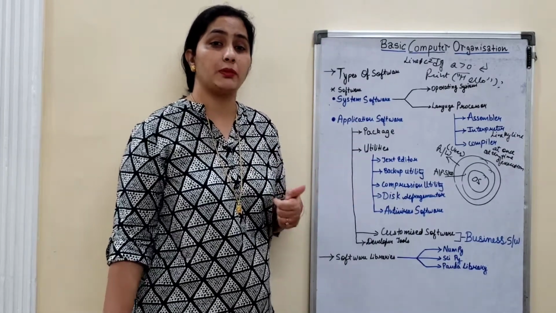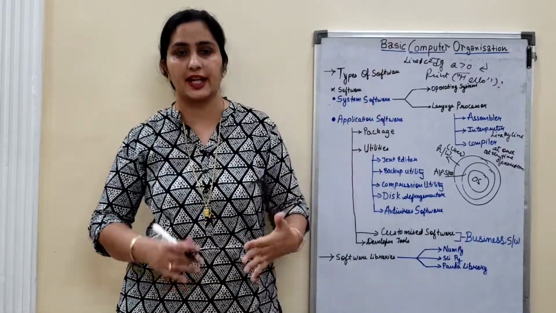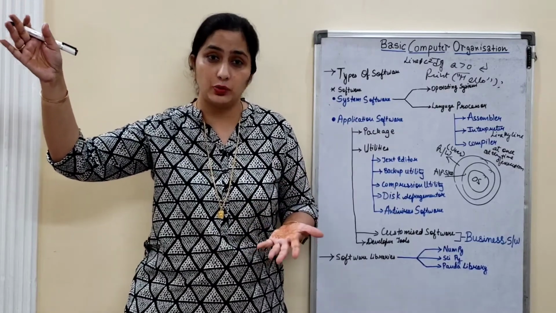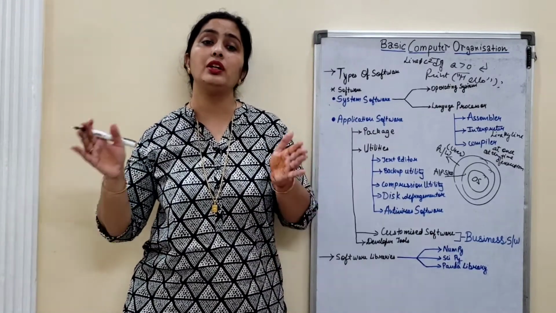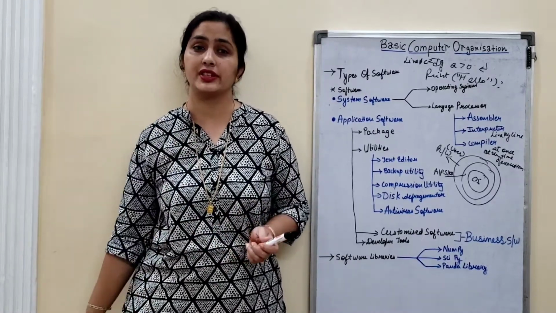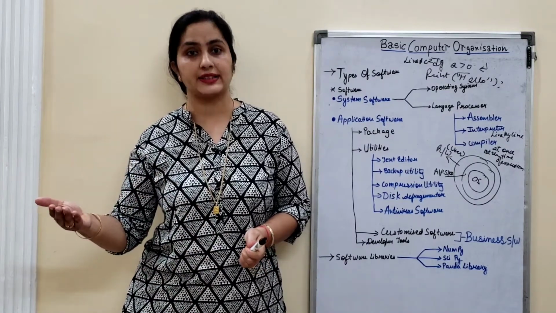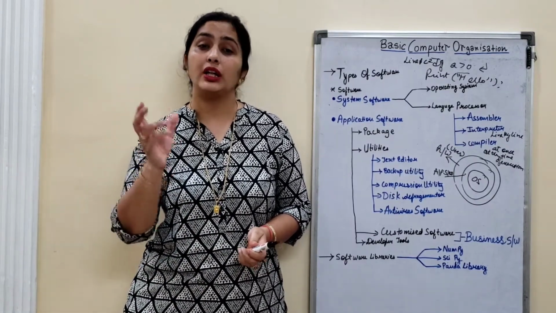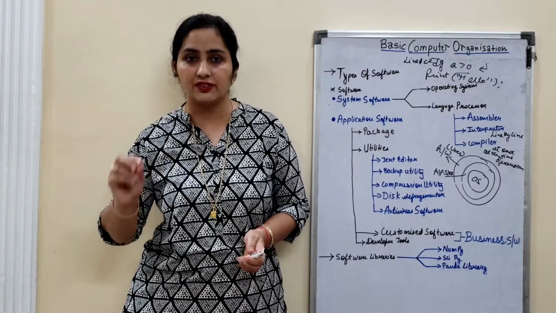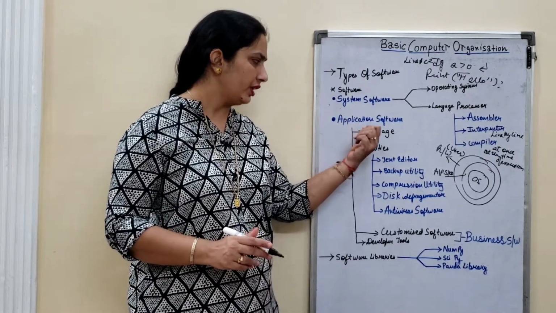For example, in MS Word, if you want a lot of pictures to come from this side and then go that side, you might be thinking that it is not possible in Word. That you can only do in PowerPoint, right? If I ask you to do all sorts of calculations in Word, you say no, it's not possible in Word. You have to go for Excel for that particular work. So each and every software which is meant for some specific purpose is called application software.